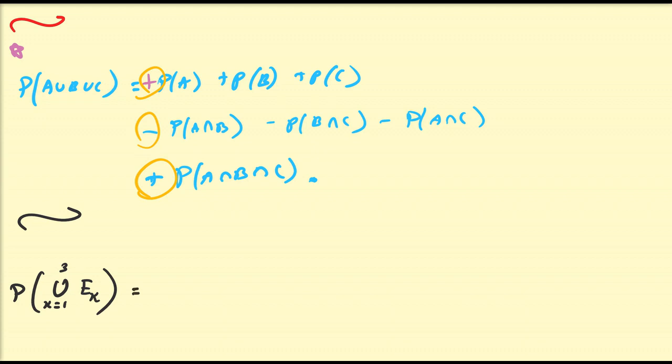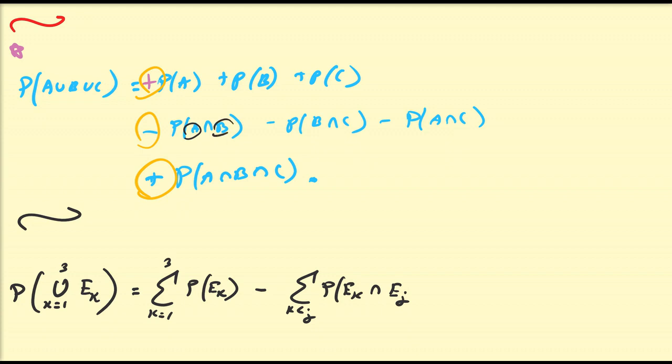So we first have the sum from k equals 1 to 3 of the probability of E_k. And then we have minus the sum across all values k less than j of the probability of E_k intersection E_j.